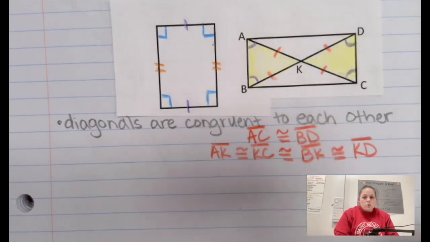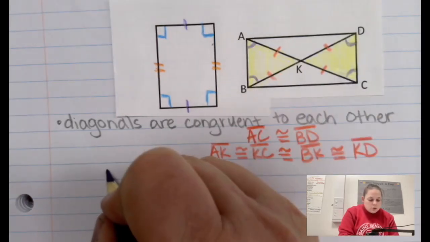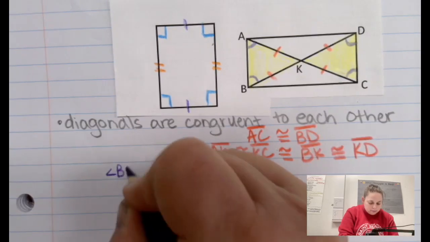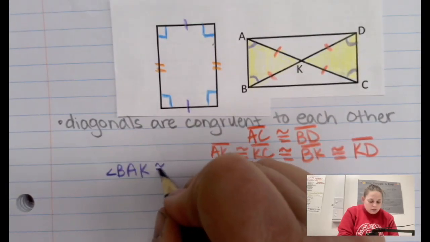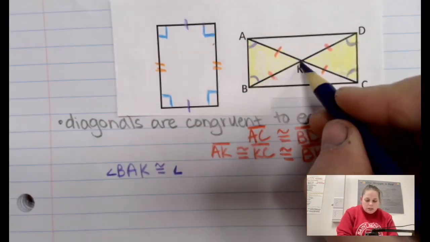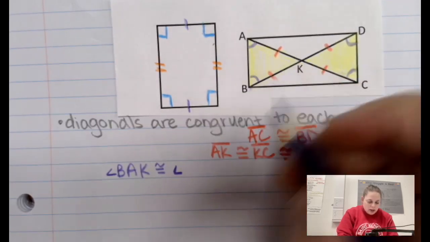Now we can't just use one letter because there's more than one angle at angle A. So we're going to say angle BAK is congruent to angle ABK. That's the one down here because B is in the middle.